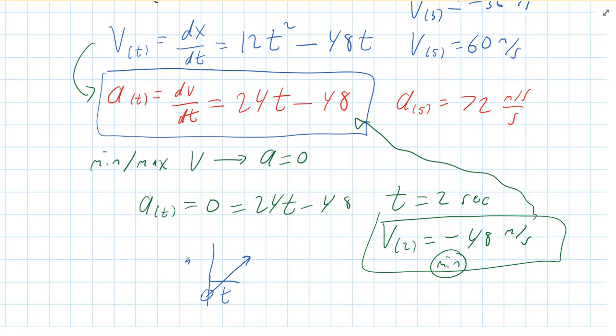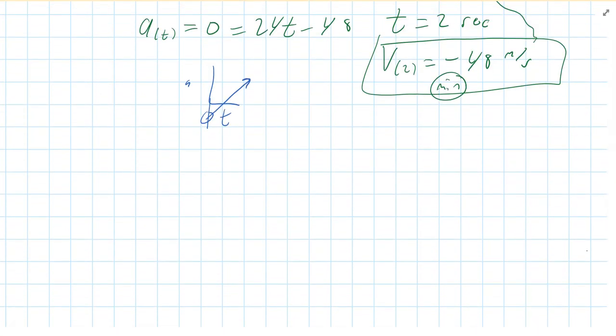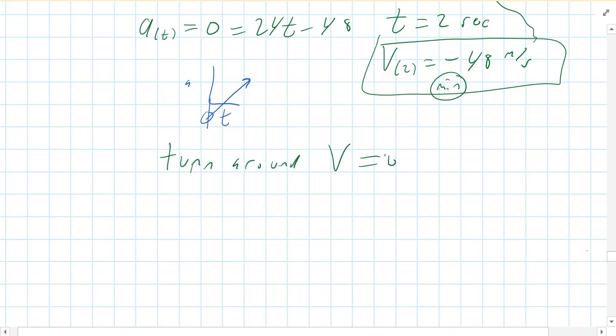Now, how about when does the object turn around? Well, think about when you stop and turn around. What do you know at that moment? Well, you stopped. So you turn around when v equals 0.